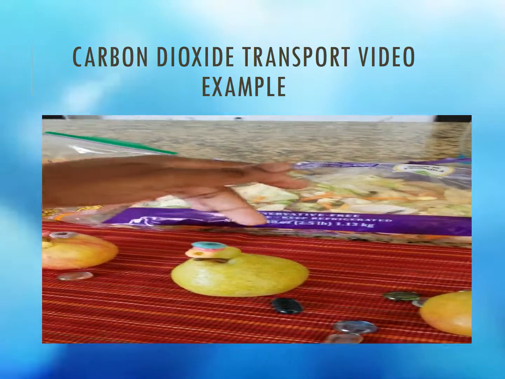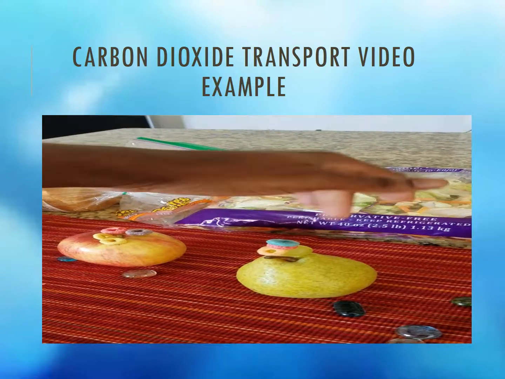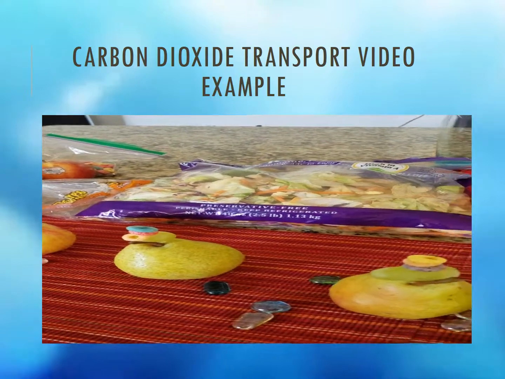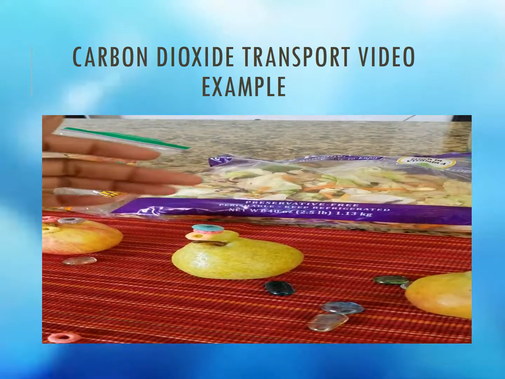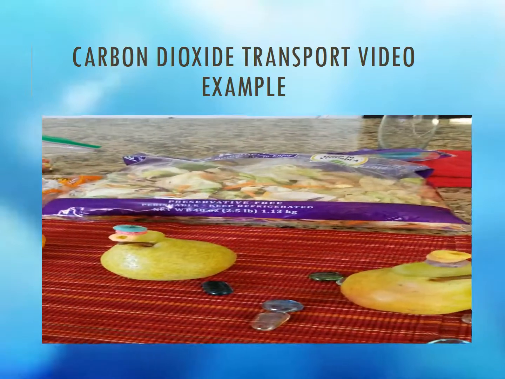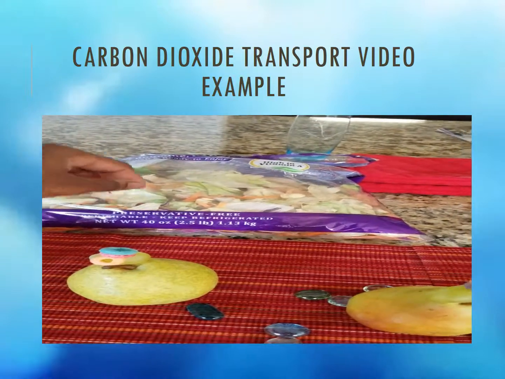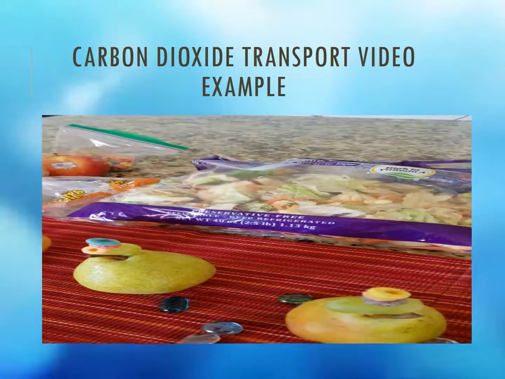This green fruit right here, a grape, represents the carbon dioxide that it collected from the cell's tissue, from this tissue cell right here, not vegetables, but a cell's tissue.